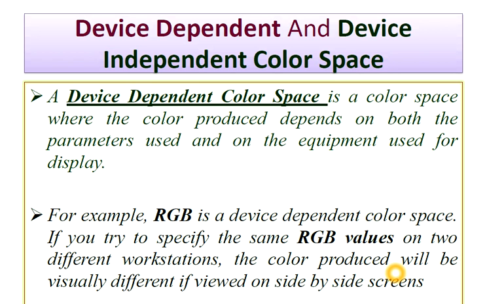It totally depends on the device used for presenting that color. That's why this is known as device dependent color space, and it is a critical limitation. So you may not get the same result on different devices.